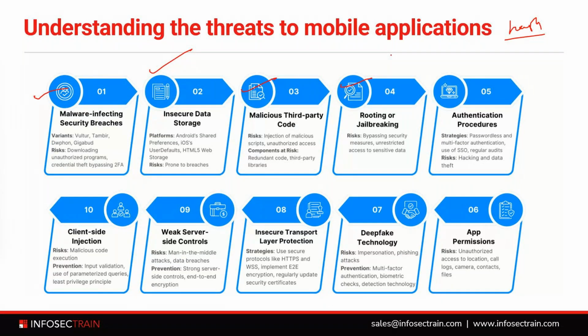Because you are not the root user of your mobile phone. You are a normal user of your mobile phone. But if I do rooting, if I break those barriers which are given by the secure vendor of the mobile phone, then I will become the root user and I can make any changes whatever I want.